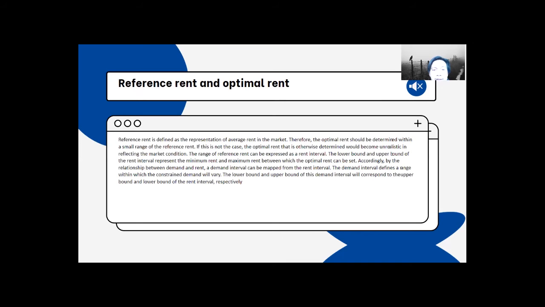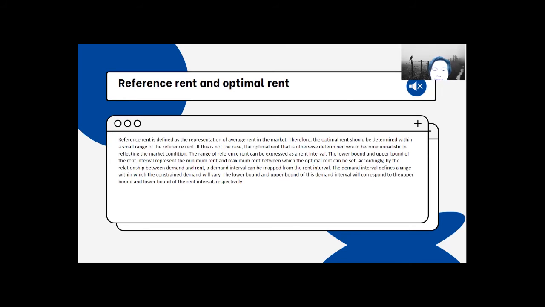The range of reference rent can be expected as a rent interval. The lower bound and upper bound of the rent interval represent the minimum rent and maximum rent, between which the optimal rent can be set accordingly by the relationship between demand and rent.